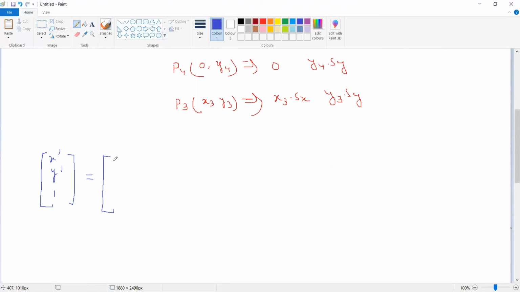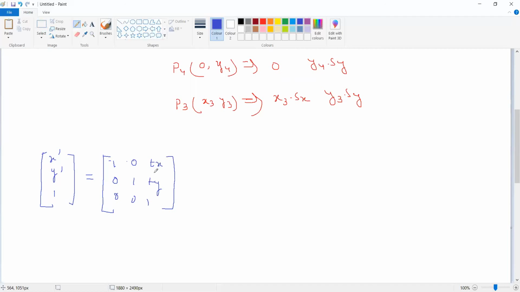As you know, the translation matrix is 1 0 tx, then 0 1 ty, and then 0 0 1. So I am performing a translation. As per your requirement, set the value of tx.